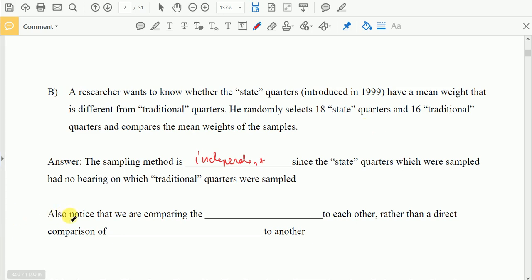Also notice that we are comparing the means to each other rather than making a direct comparison of one quarter to one quarter. We compare the mean of all of them to the mean of the other. So that is independent and dependent sampling.